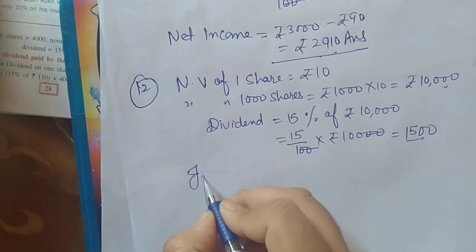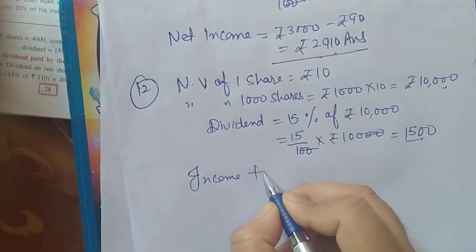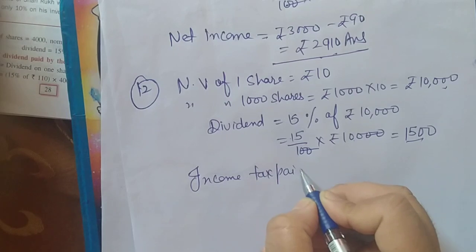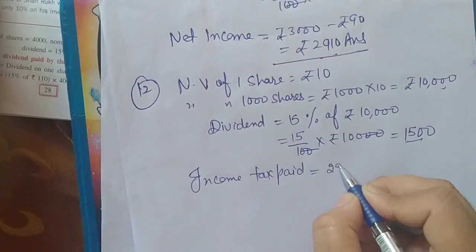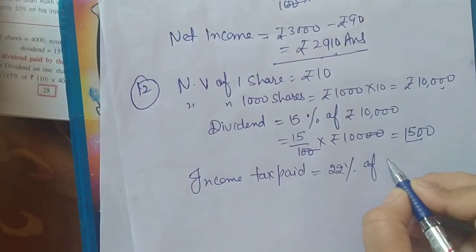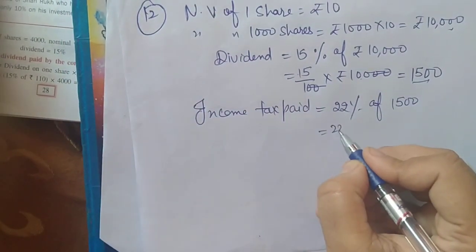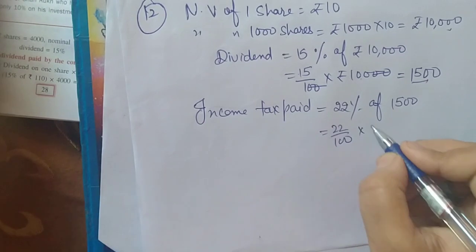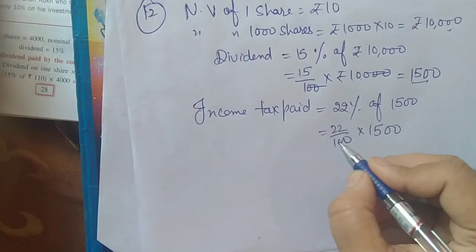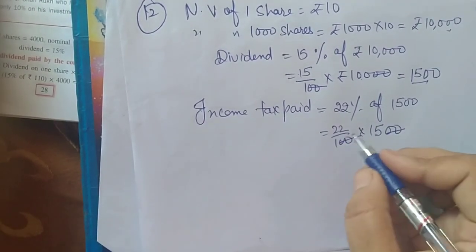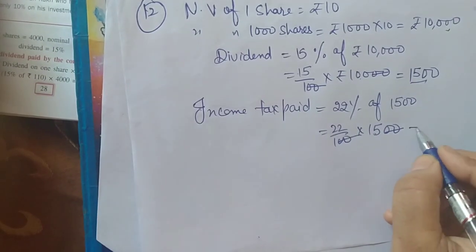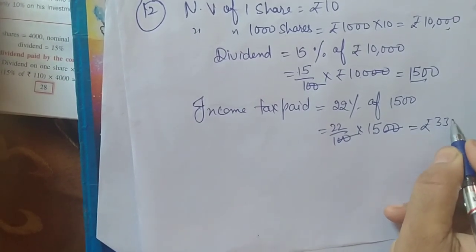So income tax paid is equal to 22% of rupees 1500. That is 22 upon 100 multiplied by 1500. Then these are cancelled, multiply 15 by 22, and we get 330.